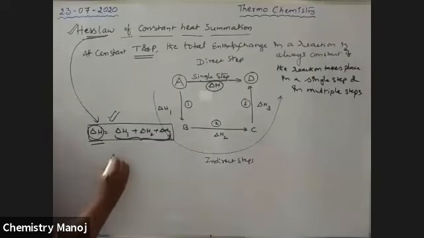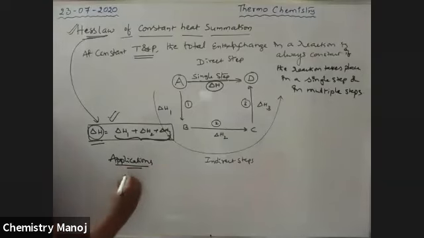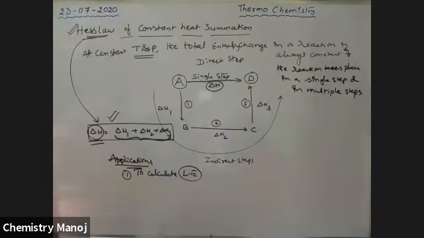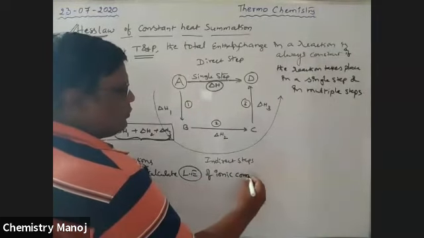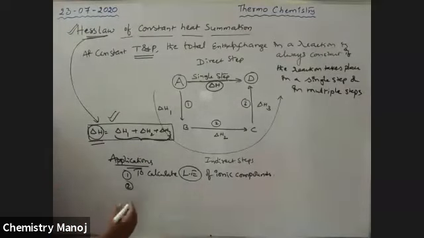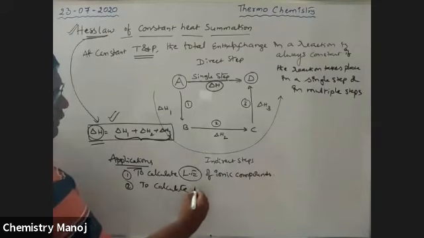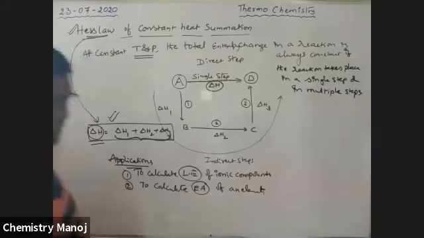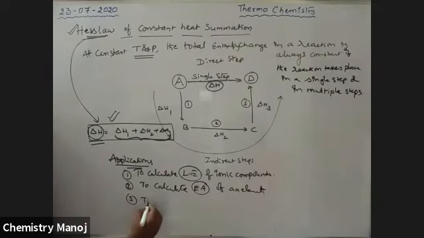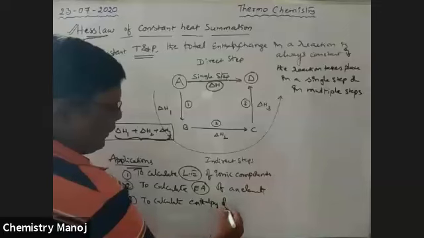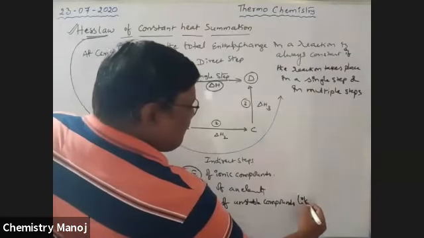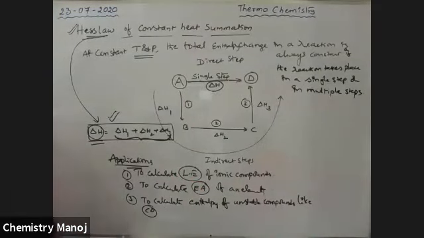This Hess law is useful to calculate the lattice energy of ionic compounds, to calculate the electron affinity of an element, and also to calculate the enthalpy of unstable compounds like carbon monoxide, nitric oxide, etc.